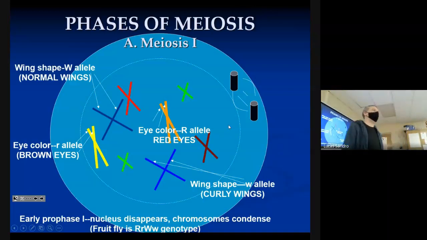Meiosis is subdivided into two sections. There's meiosis 1 and meiosis 2. And the names will be familiar. It'll be prophase 1, metaphase 1, anaphase 1, telophase 1. And by that time, you'll have 2 cells, just like you did in mitosis. But then meiosis 2 takes those 2 cells and divides them as well. So you're going to wind up with 4 cells. That's how this works.